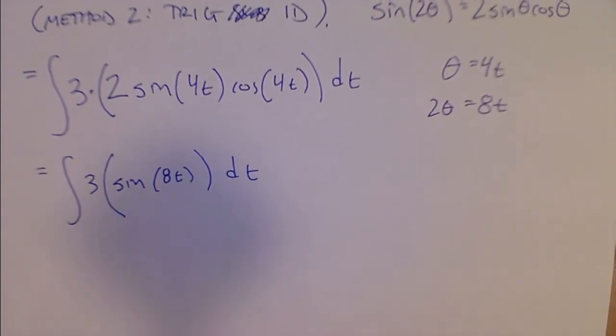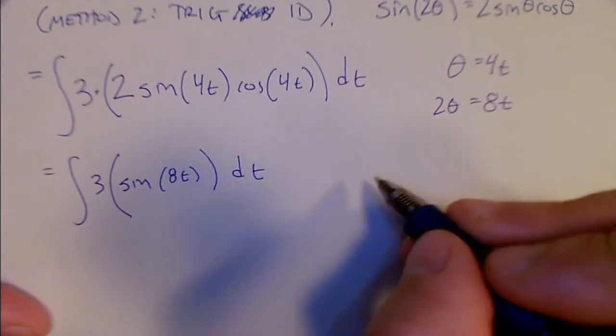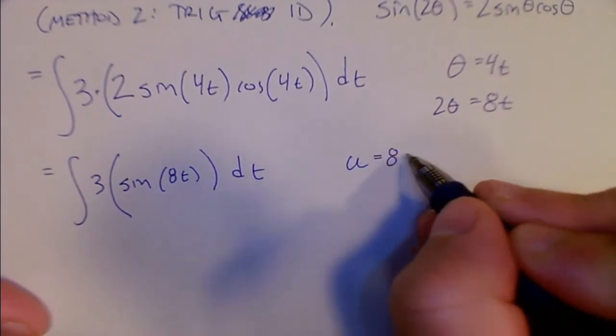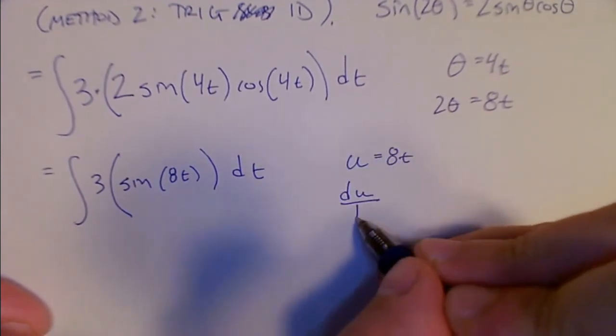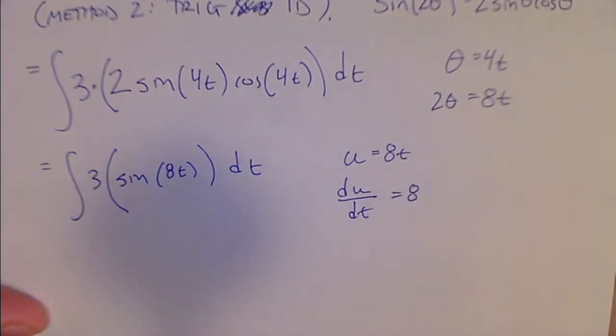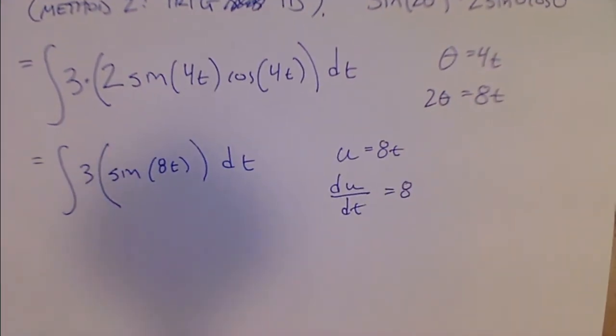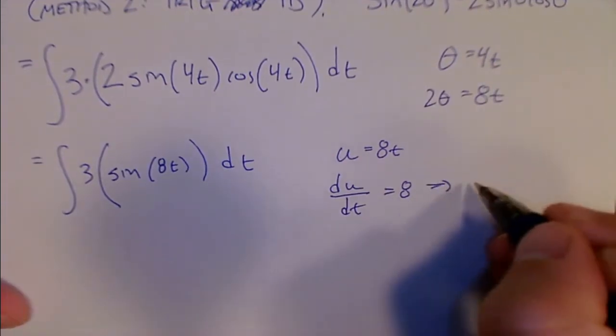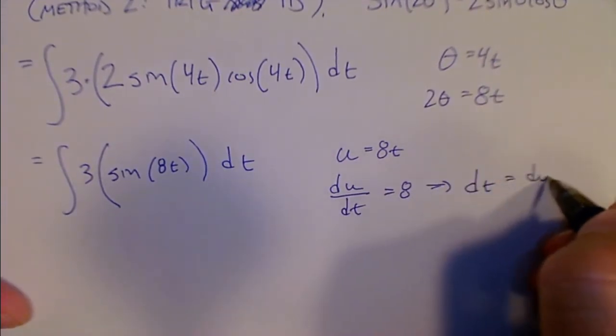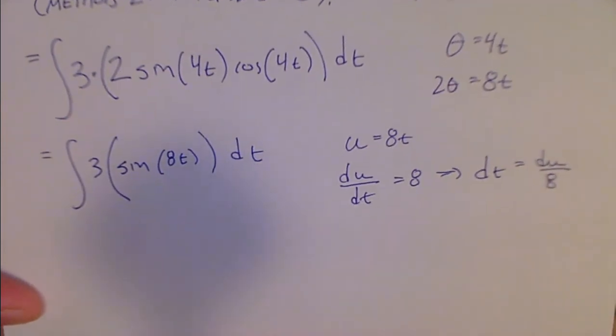Now, it's a simple u sub. So what I'm going to do is I'm going to call u equal to 8t. So a derivative of u with respect to t is 8. This is the exact same u sub I did on number 1 when I just sort of flew through it with the e to the 5x, because what I get is that dt is du over 8, like so.